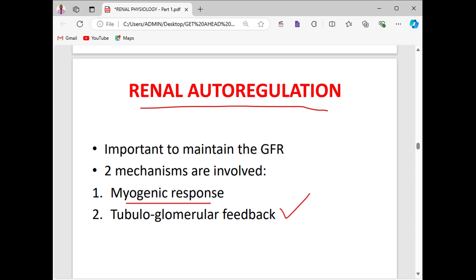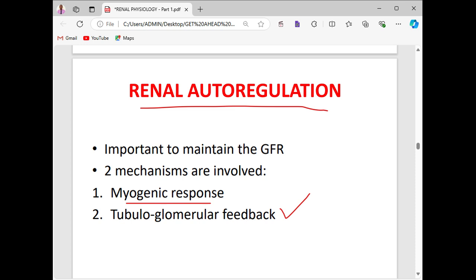So this feedback loop, the tubular glomerular feedback, helps maintain a stable glomerular filtration rate, and it prevents excessive sodium loss in the urine.